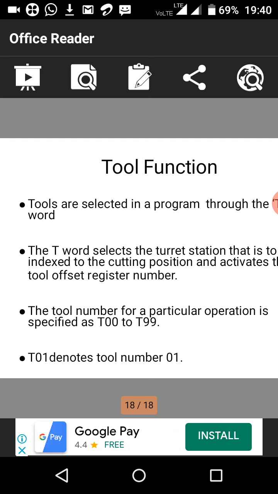The CNC control automatically compensates for the difference in length of the tool when that particular tool is brought into operation. So suppose the tool length is 40, the compensation it gives is 60. Suppose it is 100, the compensation is 0.